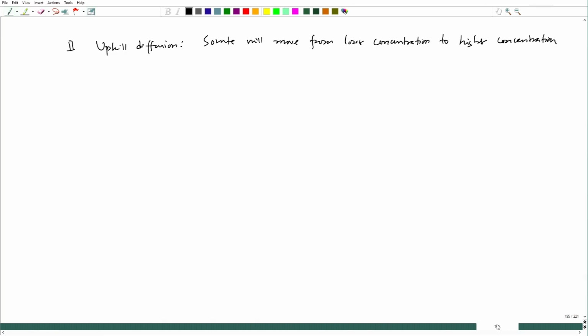Now, in this case, uphill diffusion happens if ΔH mix, with reference to solid, is greater than 0. When it is greater than 0, at a moderately low temperature, we can have a free energy composition plot like this.